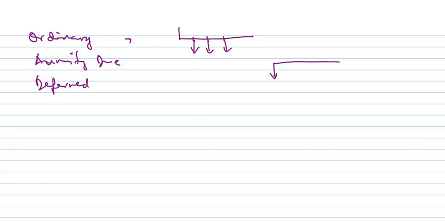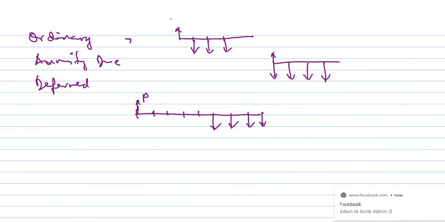And for deferred annuity, we have a later date. Say for example, this is our P, present value. So this is our deferred annuity. After several years, a series of equal payment occurs.